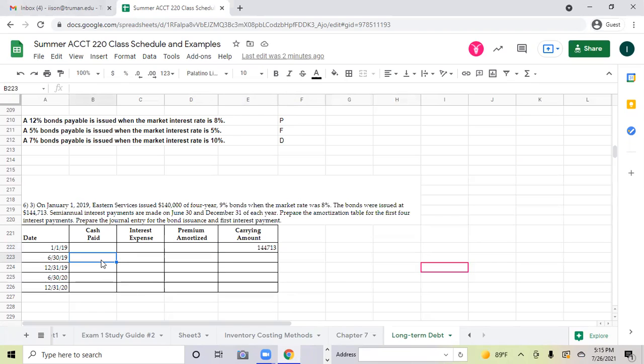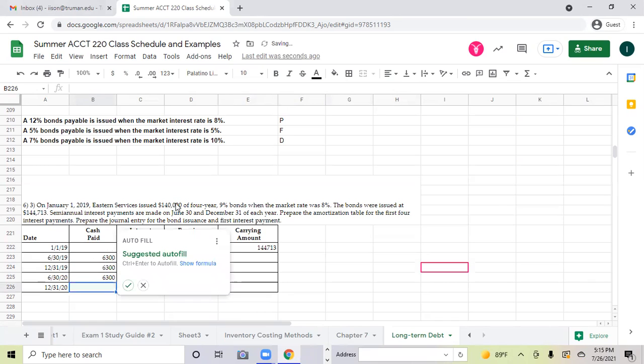So every 6 months, we're going to pay 4.5% interest, which is just 9% divided by 2. So we're going to go 0.09 divided by 2, and then multiply that by the face value, 140,000. Every 6 months, it's going to be the exact same payment. This is what we've agreed to pay.